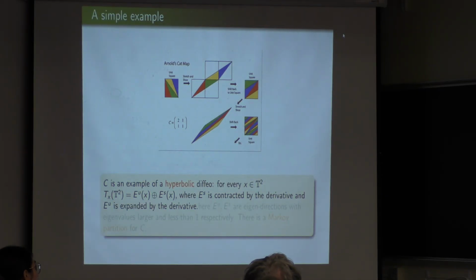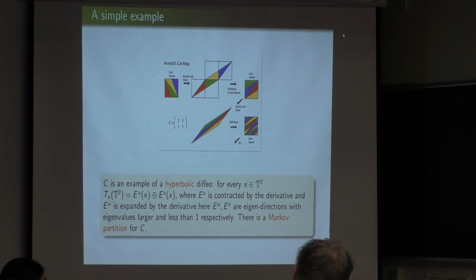This is a baby example of a hyperbolic diffeomorphism, and here I'm trying to define what hyperbolic means, just in this simple setting. If I take any point in the torus, the tangent plane of the torus, which here is just R2, splits into 2 directions, E^U and E^S. One is contracted by the derivative, and the other one is expanded by the derivative.